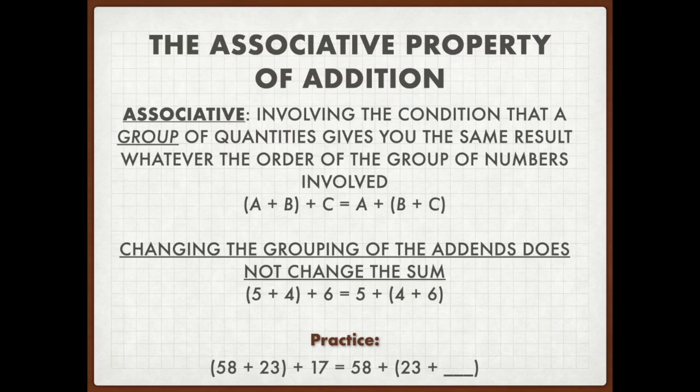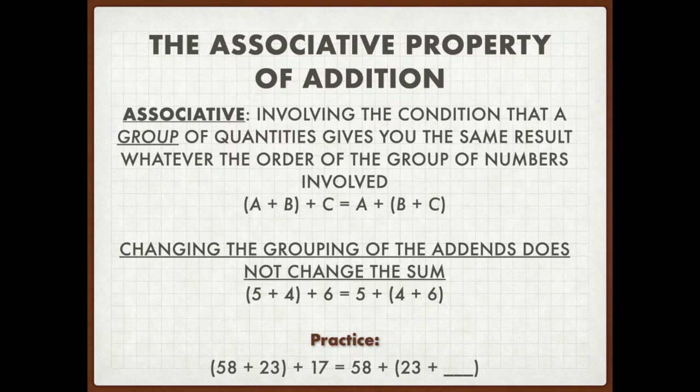But with the associative property, we're doing A plus B plus C, and because we're adding everything here, the grouping doesn't matter. If we switch out letters or numbers in the parentheses, it's still going to give us the same result. So changing the grouping, changing what's in the parentheses and what's out of the parentheses, does not change the sum.